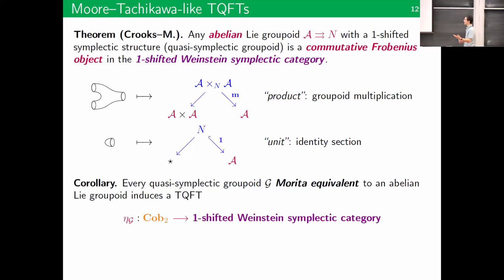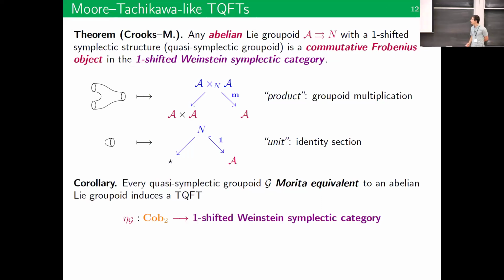And so in particular, these Lagrangian correspondences can be transferred from the abelian to the non-abelian quasi-symplectic groupoid. And so we get these TQFTs valued in the one-shifted Weinstein symplectic category from these abelianizable quasi-symplectic groupoids.